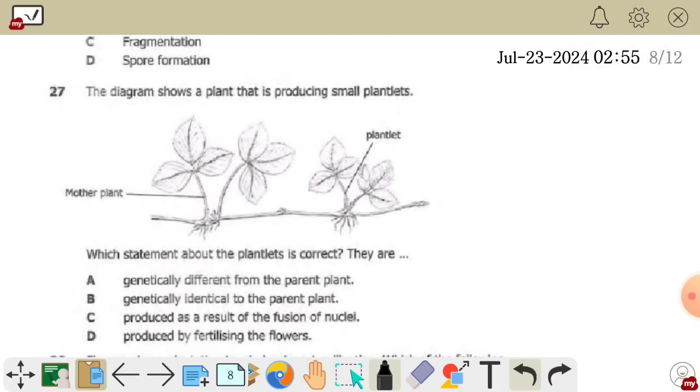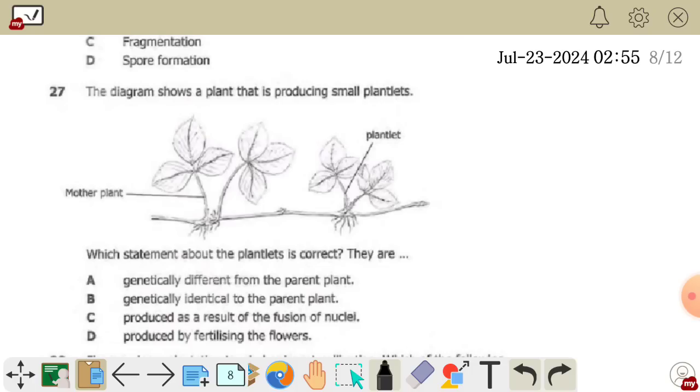Question 27. The diagram shows a plant that is producing small plantlets. So this is a mother plant, and it is producing plantlets. Which statement about the plantlets is correct? A, genetically different from the parent, B, genetically identical to the parent plant, C, produced as a result of fusion of nuclei, D, produced by fertilization by the flower.